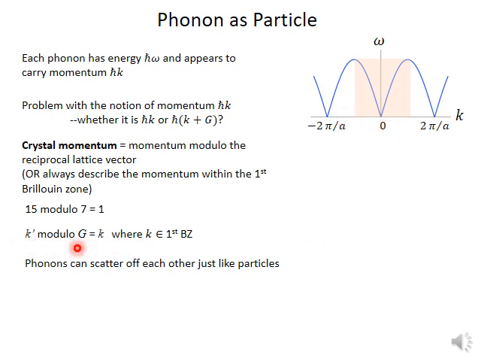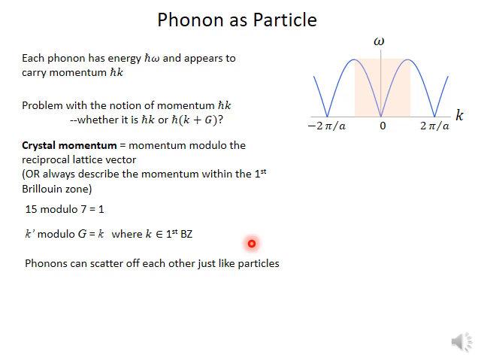So if you define momentum in this way, that you have to take a modulo of any momentum with respect to that of the reciprocal lattice vector, then it is called crystal momentum rather than momentum of a phonon.